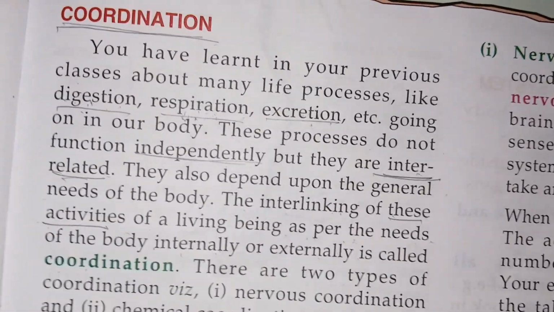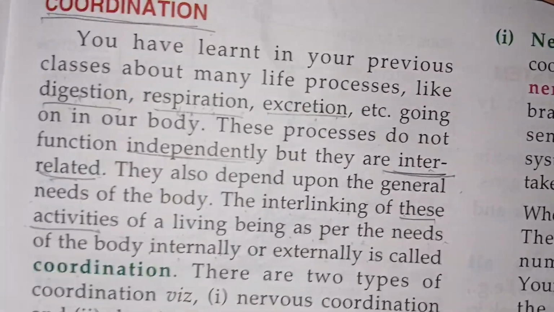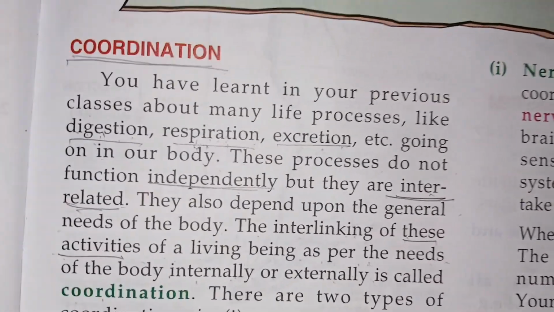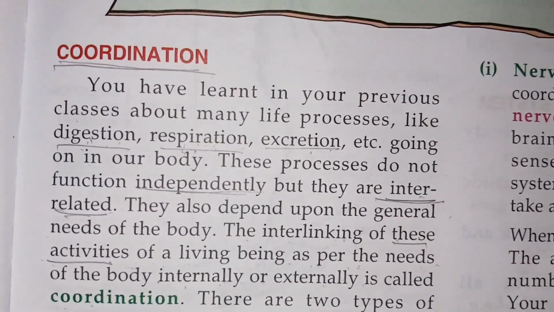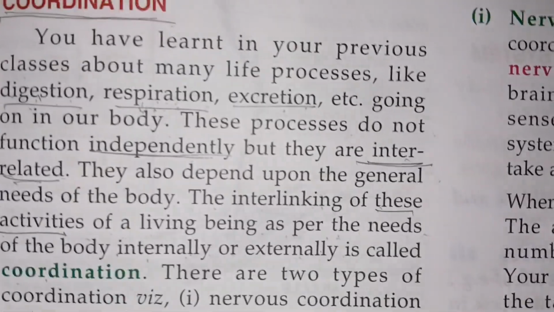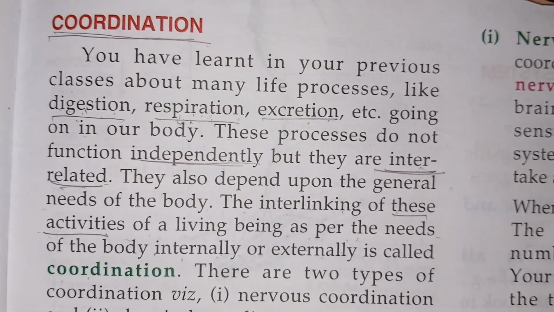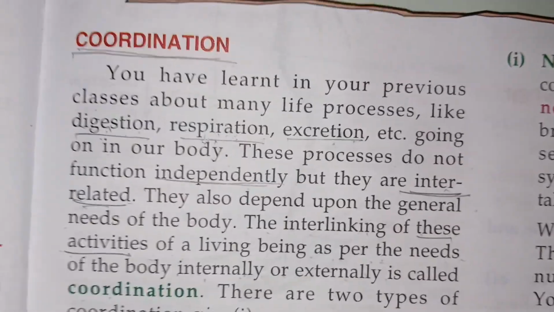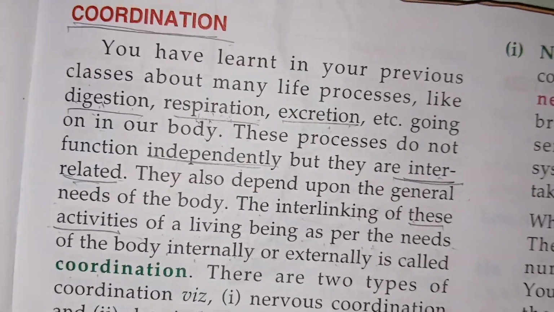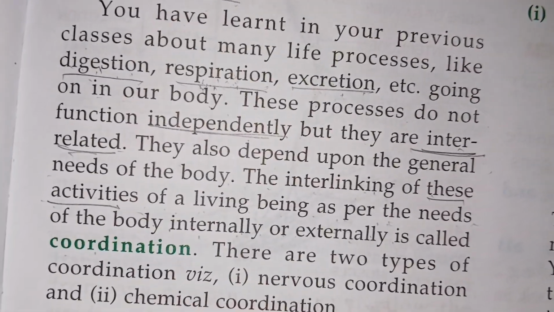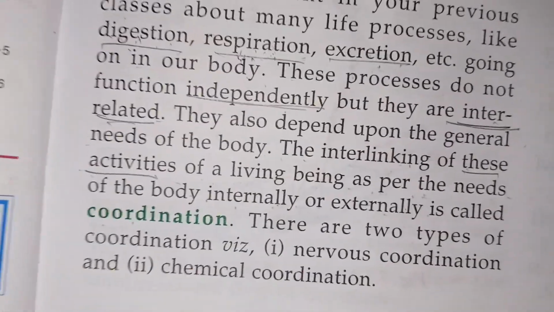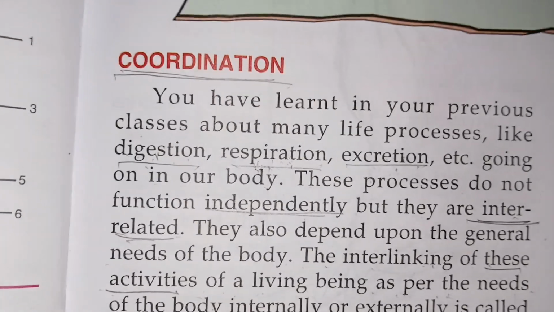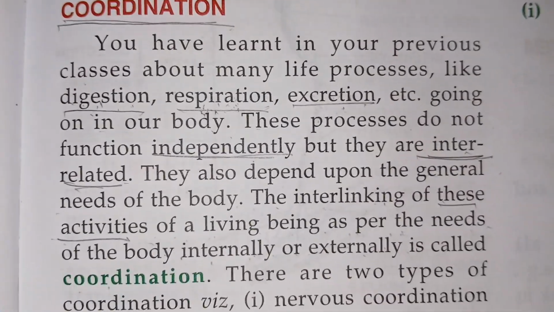When food material are burnt through respiration, wastages are generated. So those interlinkings depend on something. Suppose glucose is burnt with the help of oxygen. Oxygen is obtained from outside, and some other biochemical substances present in the body help in burning of the glucose material to generate energy. Internal need. So that's what the writer is giving, an accurate definition of coordination.